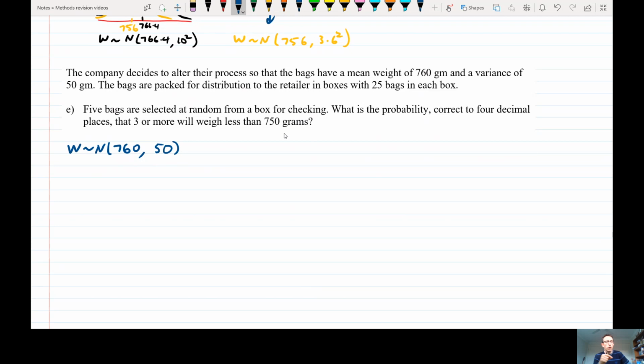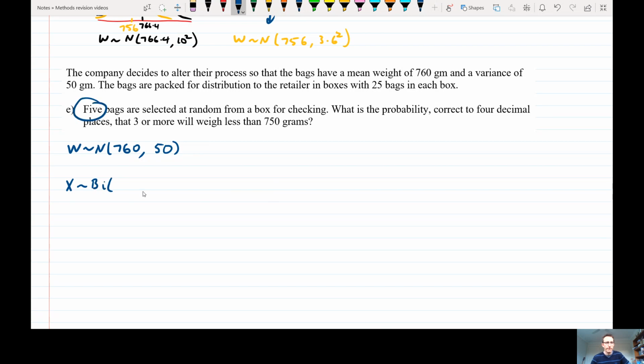Now, this is no longer dealing with a normal distribution. That should be given away because we've got 5 bags being selected. That's an amount being selected at random. We were not dealing with a discrete countable amount before. We were not dealing with how many. We were dealing with how much in a measurement sense. So it's different. We've moved away from the normal, and hopefully you can see it's binomial. We can say X is binomially distributed.